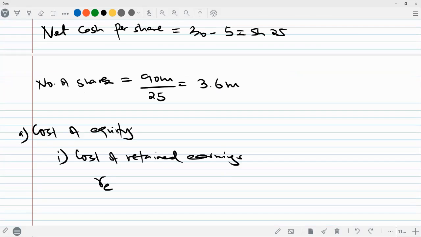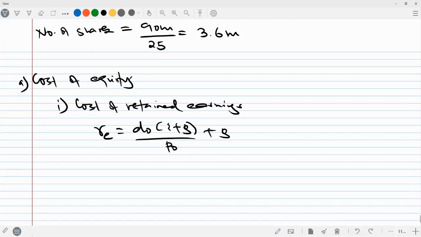For the cost of equity, we can use two models. Here the information given is for the dividend growth model, D naught (1 plus g) over P naught, plus g. D naught, as per note 3, is 5 shillings.